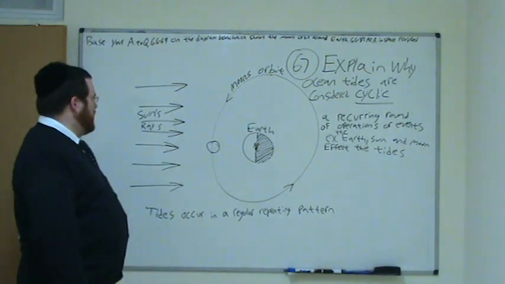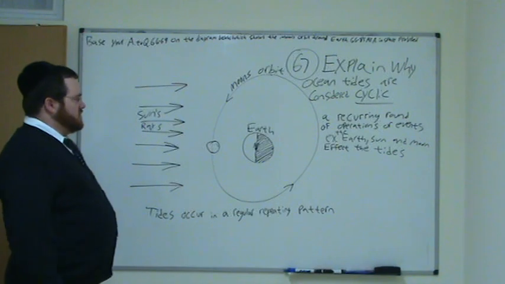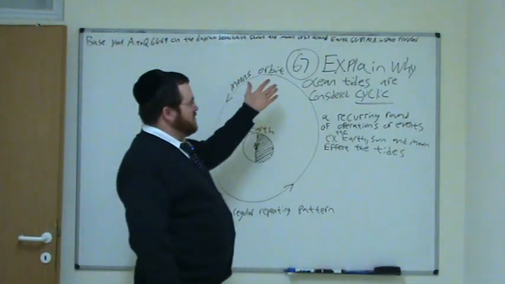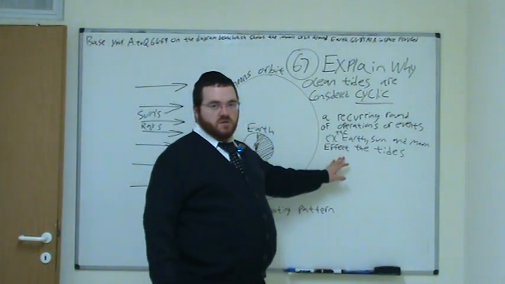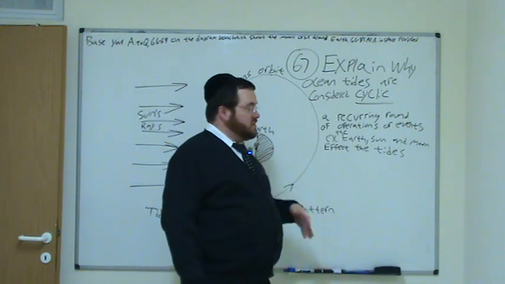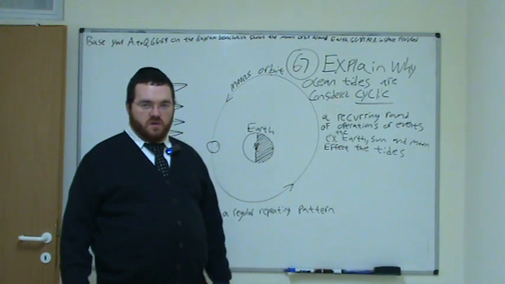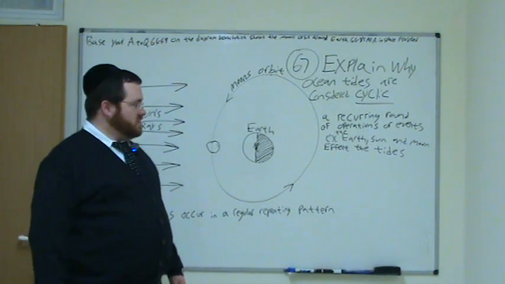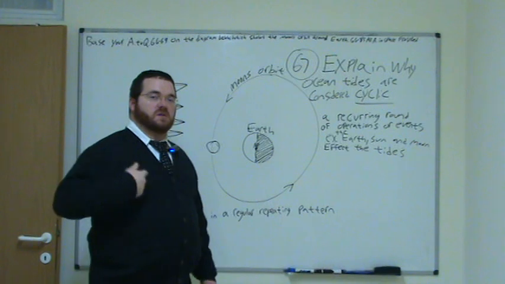That's why it's brought down in this question. It says base your answers to the question 66 to 69, but doesn't show anything about tides. And then asks you, explain why ocean tides are considered cyclic. The reason why they ask this question is because the earth and the sun and the moon affect the tides, including the earth's rotation. And this is recurring. It happens over. Cyclic is a cycle.